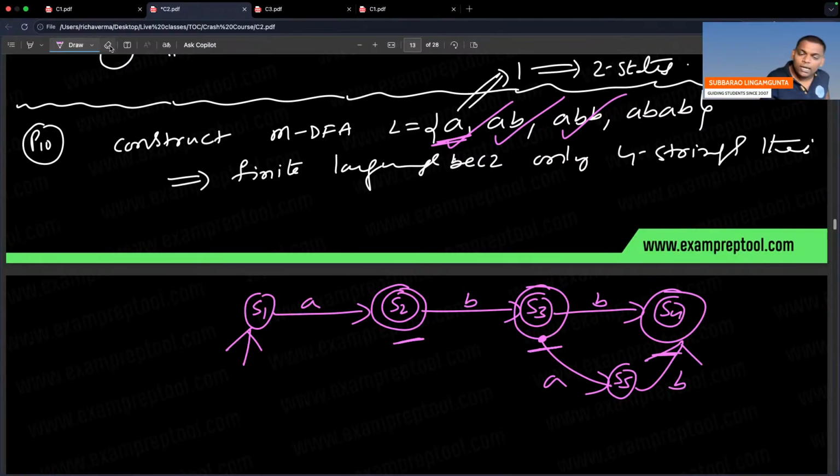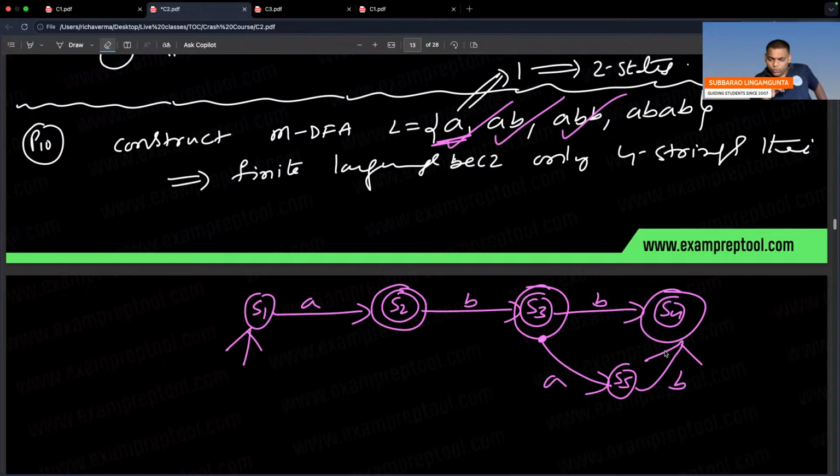And if you understand one important thing, because it is already a finite language, no loop is present. It looks like there is a loop between S3 and S4, but no, check. Already it is a finite language, how can a loop be there? If you want, you can try. All the things are possible under the limit: A possible, AB possible, ABB possible, ABAB possible.